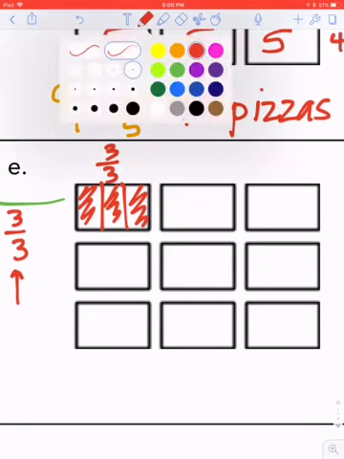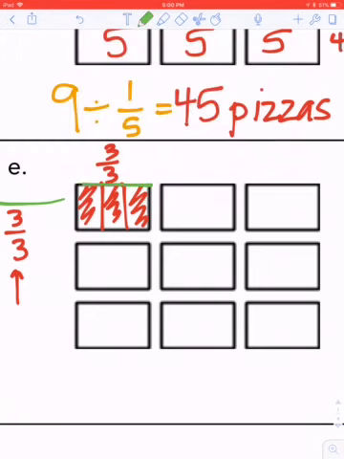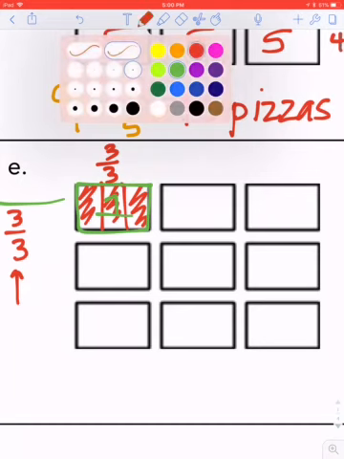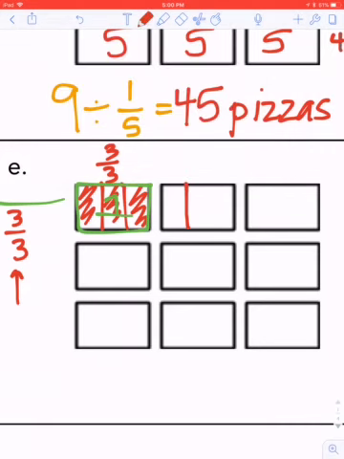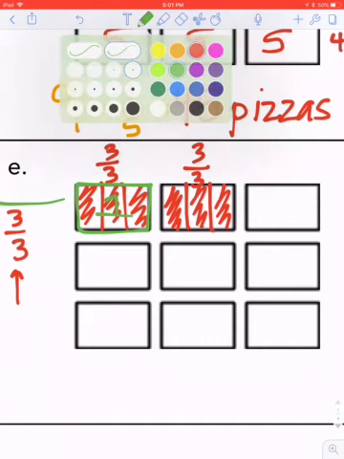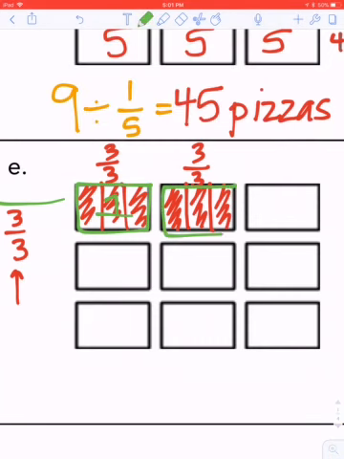So I can see that this whole block of cheese is only going to give me 1 pizza. The next block of cheese, I'll split it into thirds, and for one pizza, it needs 1, 2, 3/3. So again, only 1 pizza for this whole block of cheese. That's going to be pizza number 2. It's a lot of cheese for a pizza.